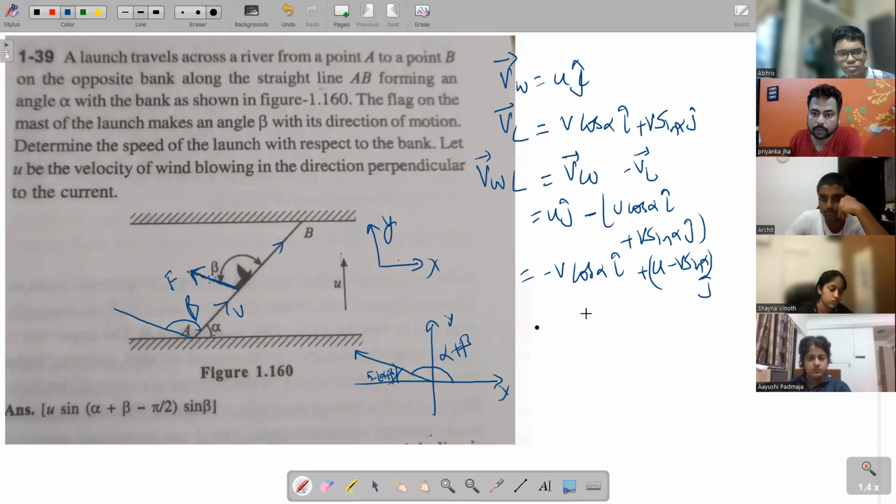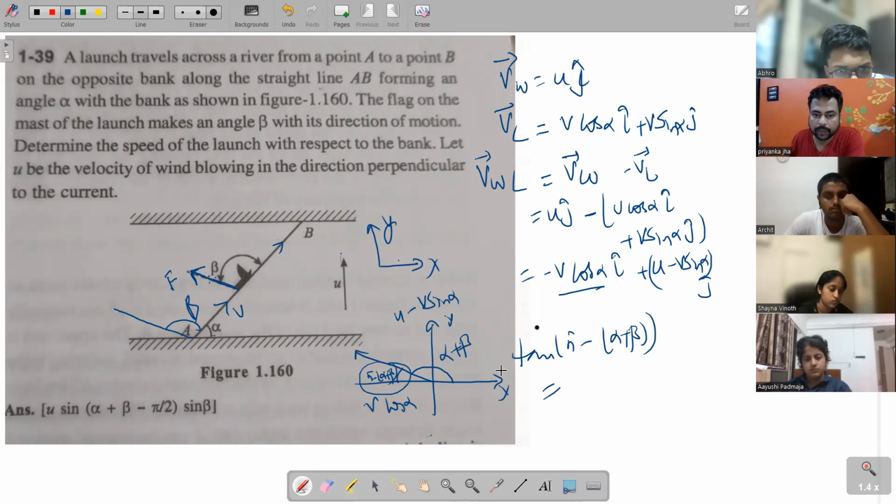This has two components: v cos alpha towards minus i, and u minus v sin alpha towards plus j. And tan of this angle will be the y component upon the x component.